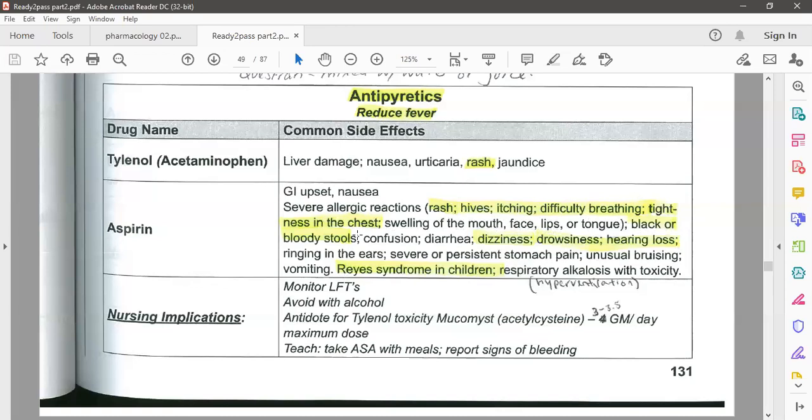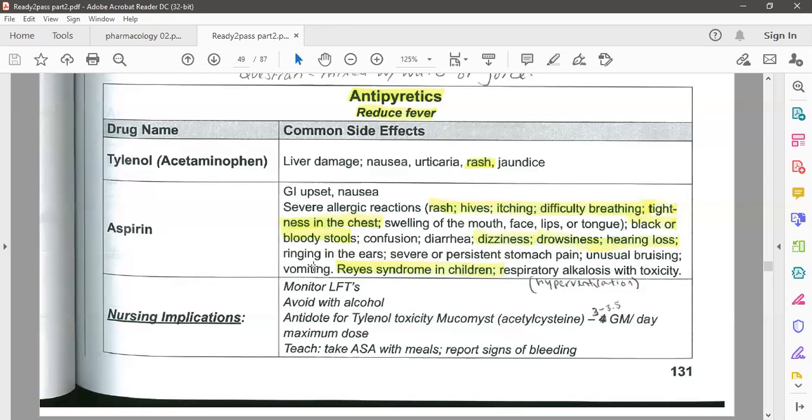The most important and most common question to come up in the NCLEX board: aspirin can cause tinnitus, meaning abnormal sound made in the ear. So they can cause confusion, diarrhea, dizziness, drowsiness, or hearing loss. So aspirin is an ototoxic medication as well, ringing in the ear, right?